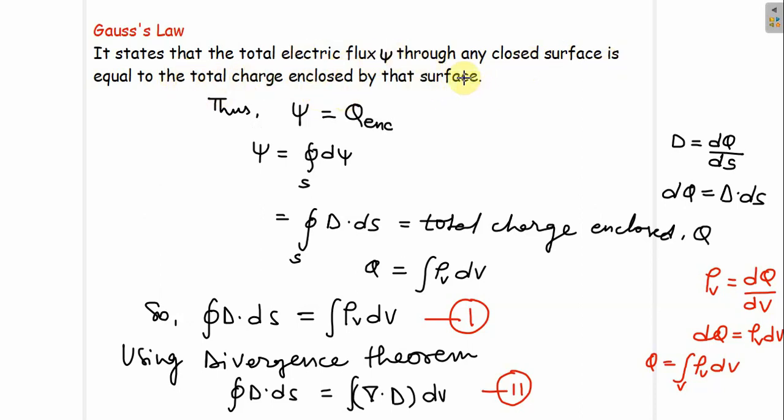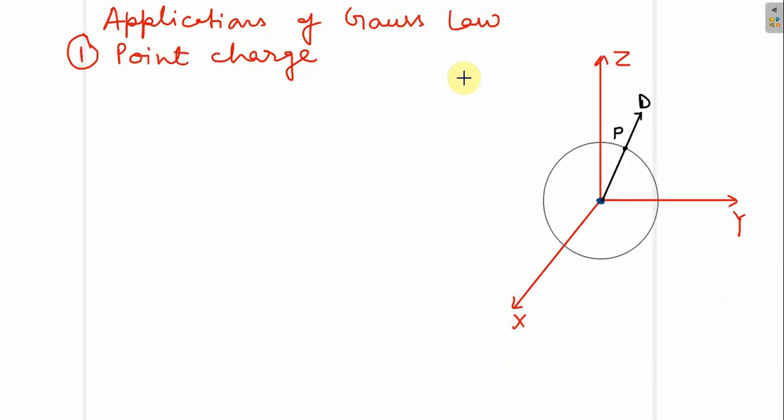So whatever surface you are considering, that should enclose the charge. It is the mandatory requirement for applying Gauss law. So we are choosing a spherical surface enclosing this point charge and passing through this point P, at which electric flux density is required to be determined.